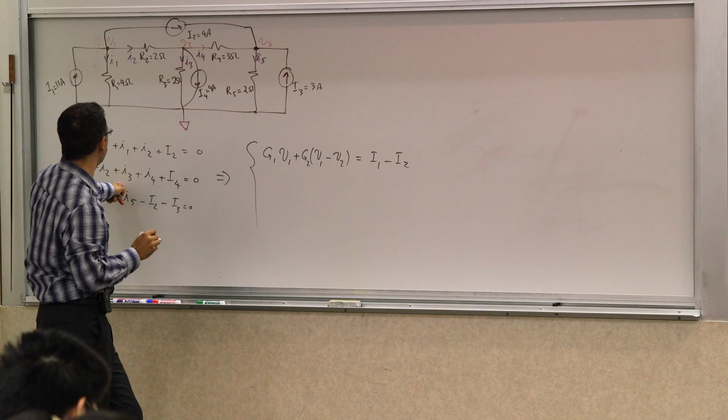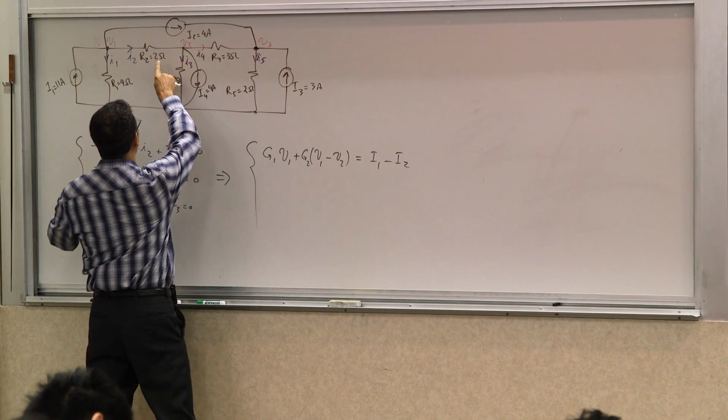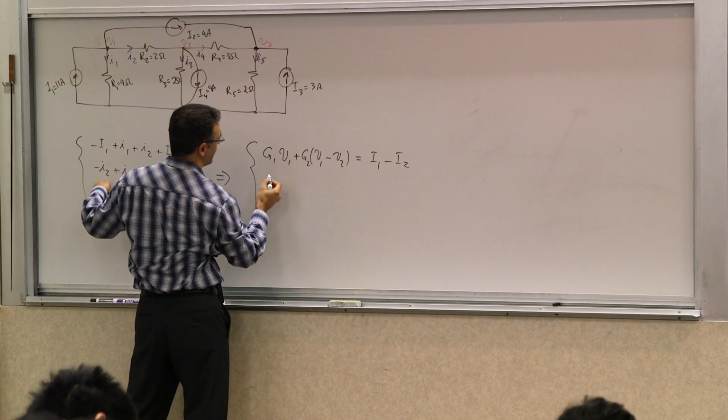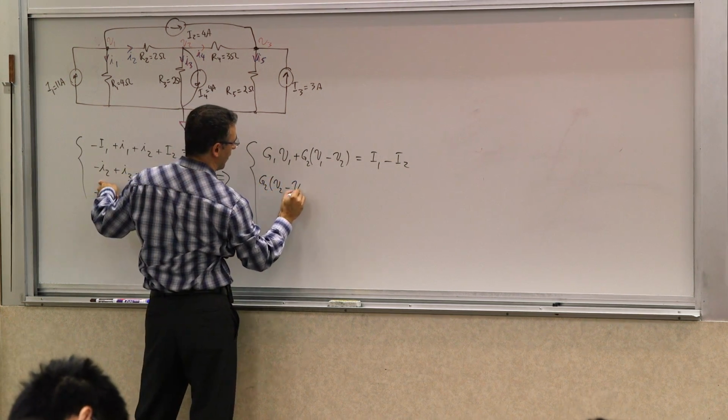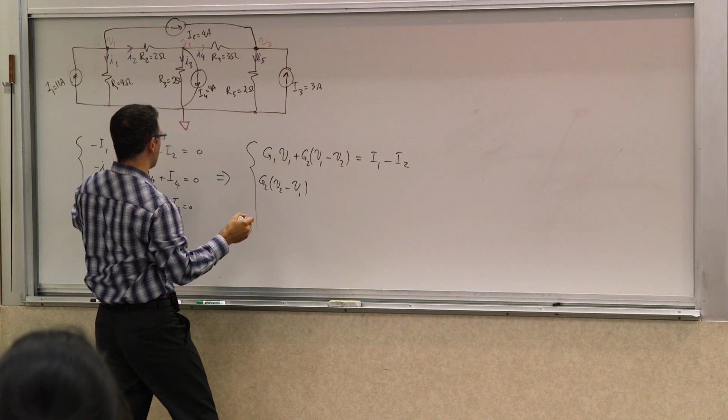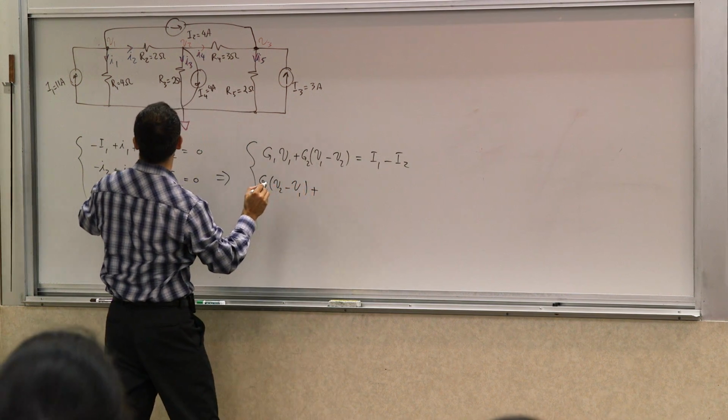So the second equation is negative I2. I2 is this, so negative I2 is essentially G2 times V2 minus V1, absorbing that minus sign, plus I3.